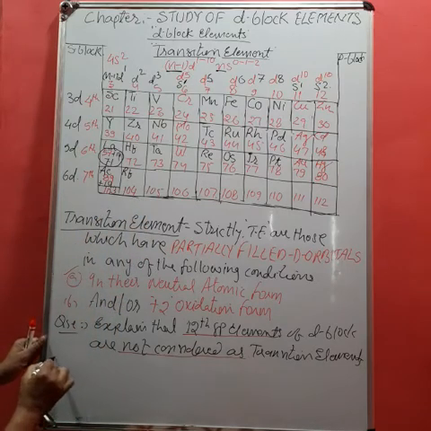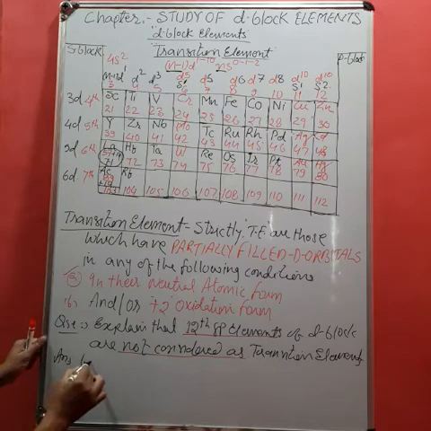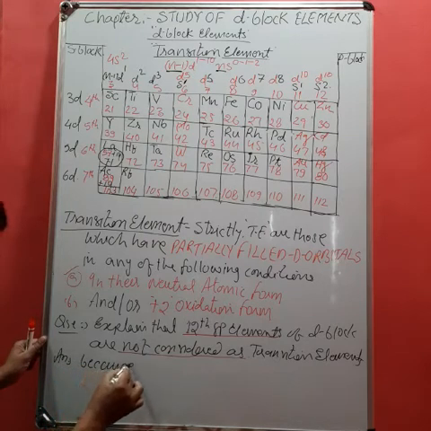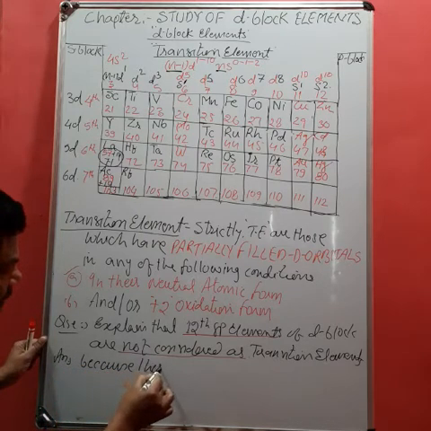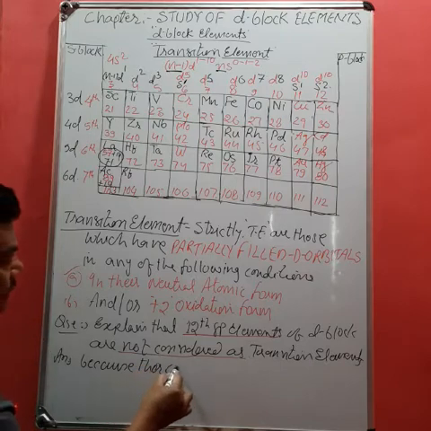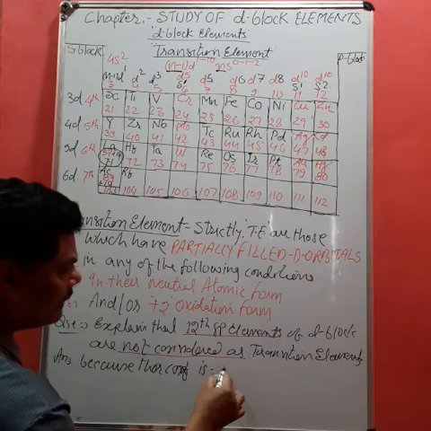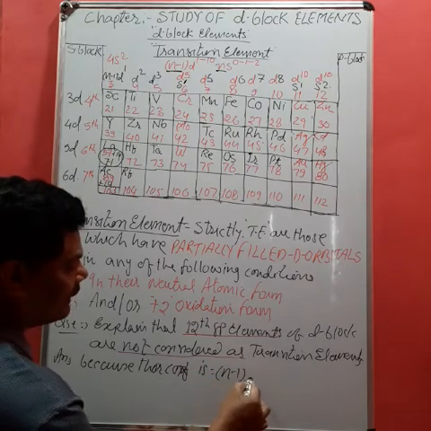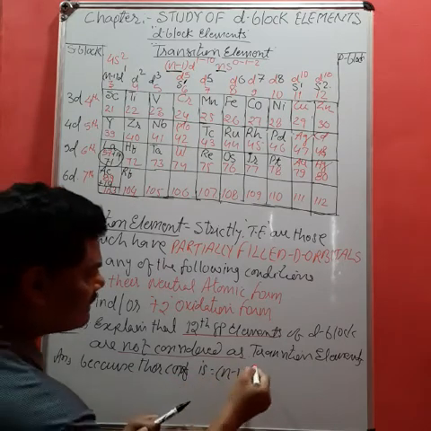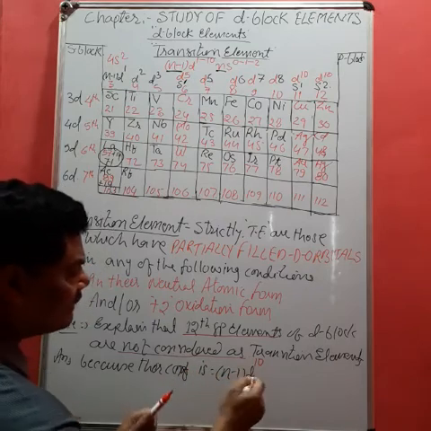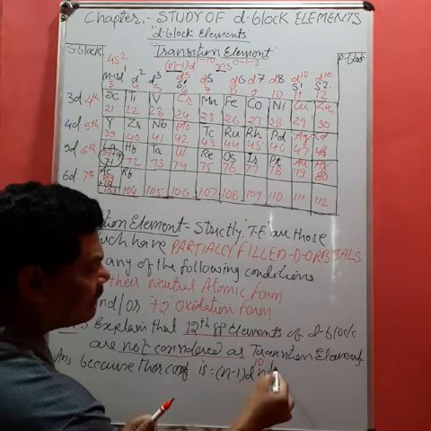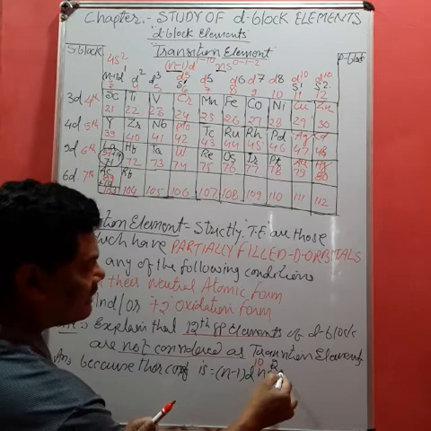So the answer is: because their configuration is (n-1)d10 ns2. How many electrons? 10 electrons in d, and ns has 2 electrons.